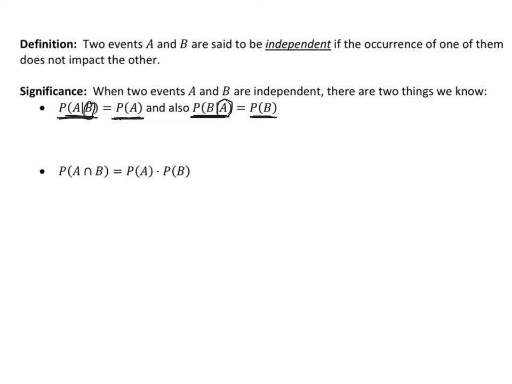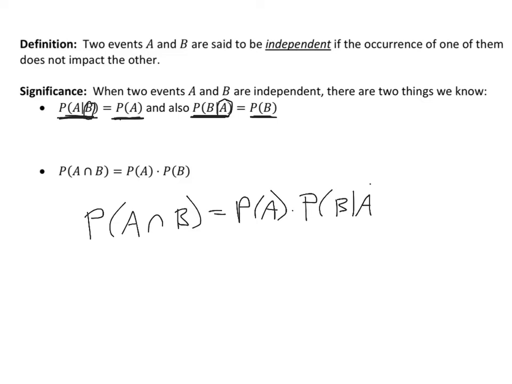Now, there's a second thing that we know when two events are independent. I hope you remember from the last lesson, we learned that the probability of A and B is equal to the probability of A times the probability of B given A. This was the formula that we learned last week.